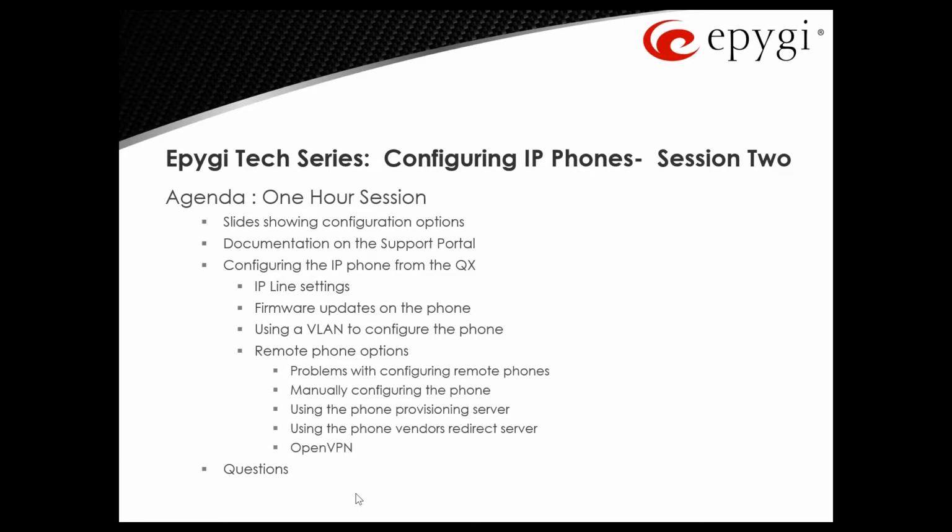And then we're going to try to configure some phones using the remote phones using some of the different types of methods, like manually configuring the phone, using the phone provisioning server, using the phone vendor's redirect server, and then also using OpenVPN.